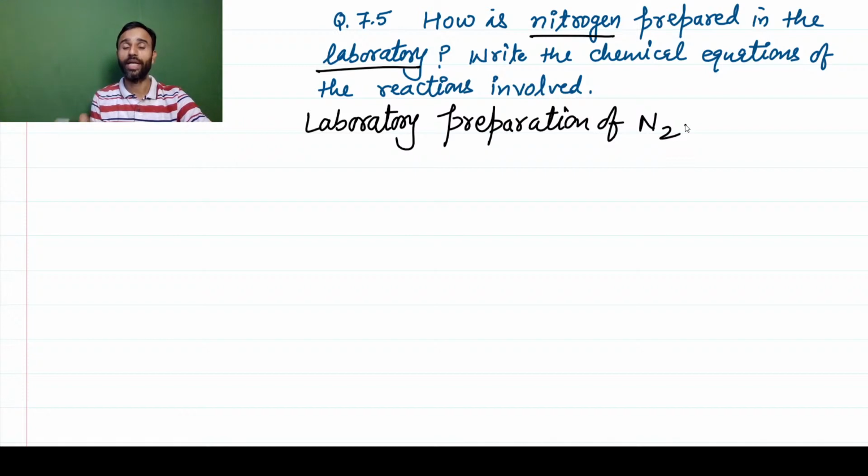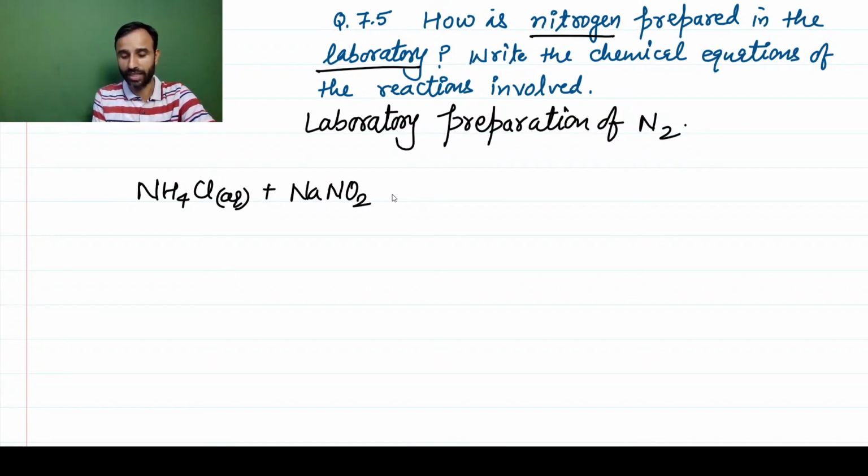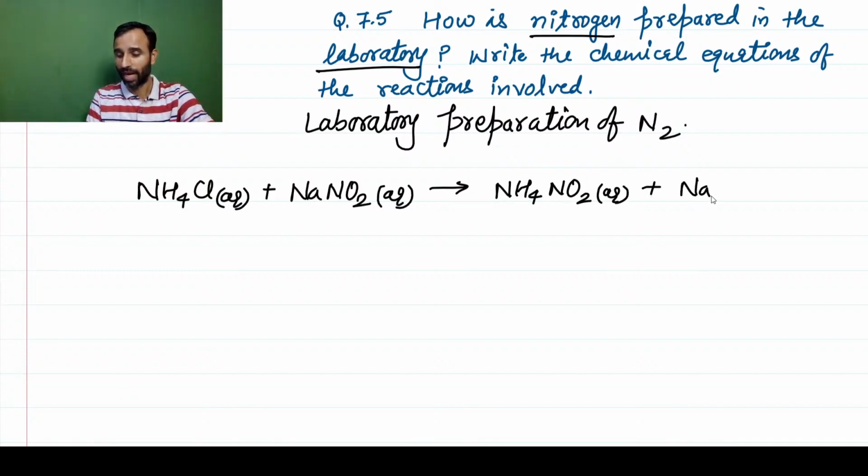So to prepare nitrogen in the lab, first of all we should have ammonium chloride. Ammonium chloride, when reacted with sodium nitrite, we get ammonium nitrite along with NaCl.